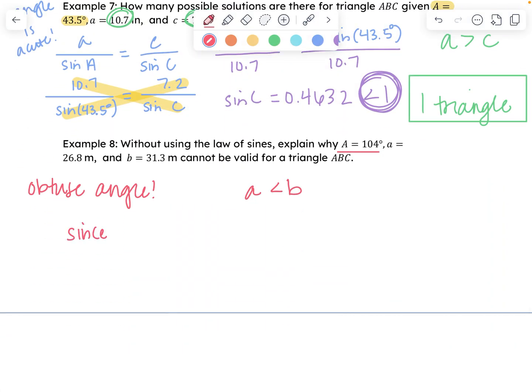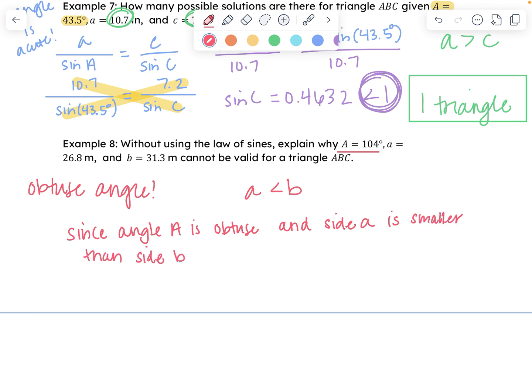Since angle A is obtuse and side A is smaller than side B, there are no possible triangles.